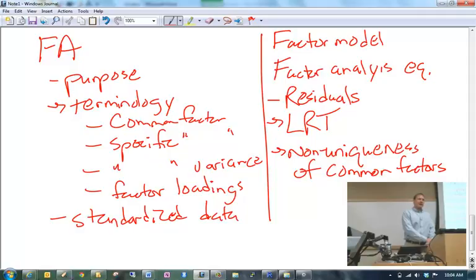Yeah, this is where the rotation comes in, because the factor loadings are what lead you to an interpretation of what the common factors represent in terms of your original variables. Since these factor loadings can change due to a rotation, that can change your common factors, the interpretation of the common factors, and thus that's what I mean by non-uniqueness of common factors.